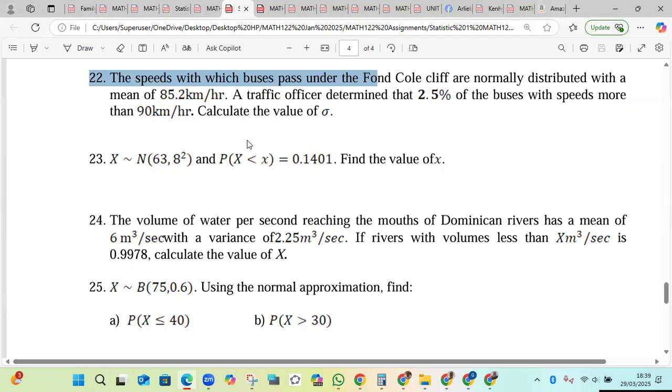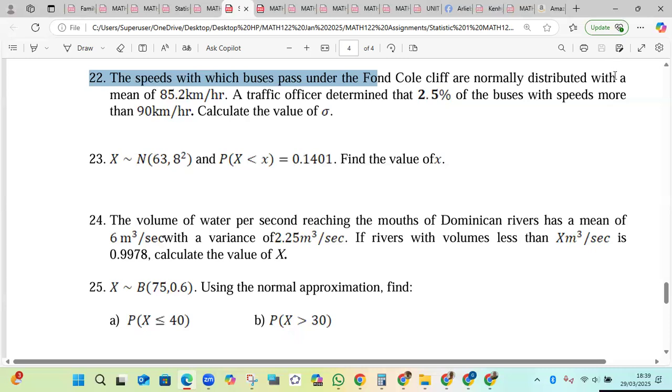Okay, so clearly thinking of the normal distribution curve, the mean will be in the center, 85.2. 90 is more than 85, so 90 will be on the right side of 85. And we have to look to see in which direction we've got to shade.